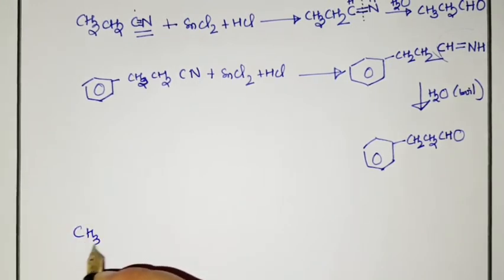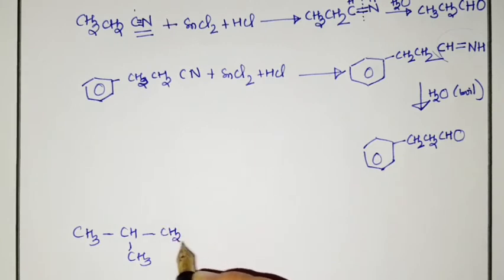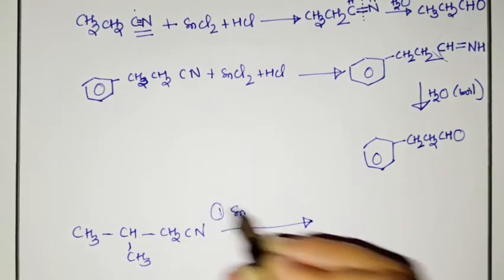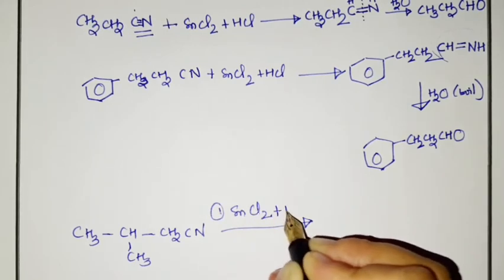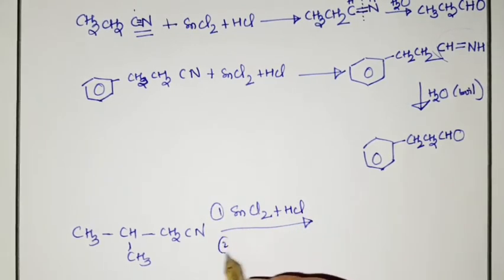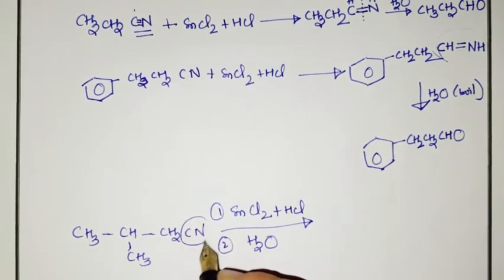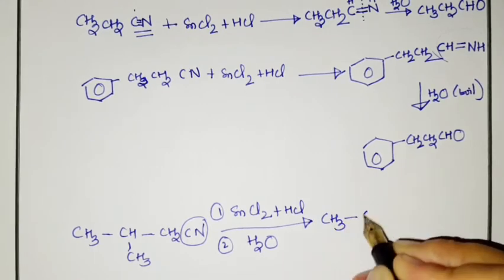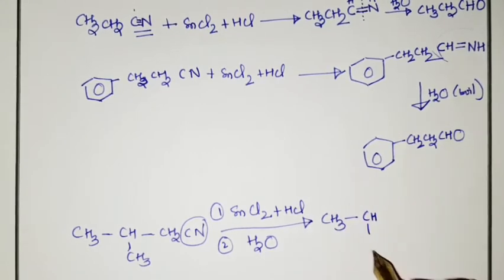So CH3, CH, CH3, CH2, CN. Okay, if we first react it with stannous chloride and hydrochloric acid, followed by hydrolysis, what is the product? Directly it will get converted, no need to write one step, we can skip one step.